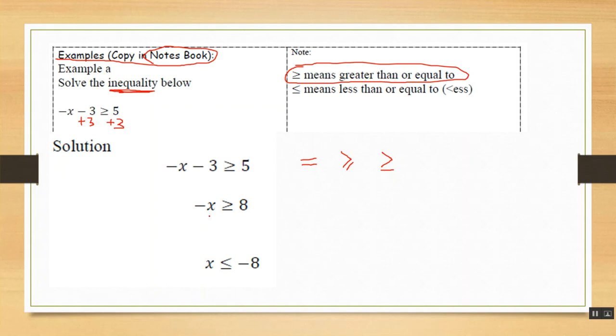And when we just write down x, the signs change. So notice here, when we go from minus x to x, we go from a greater than to a less than. So this swaps, and this swaps.